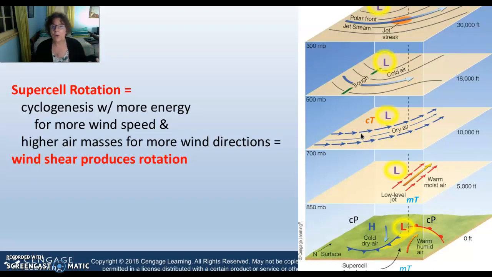So now you've got another change in direction that was from south to north. Now you've got southwest to northeast. You can start to see the air changing direction vertically as it's moving up vertically. So that's why I wanted to bring this in.